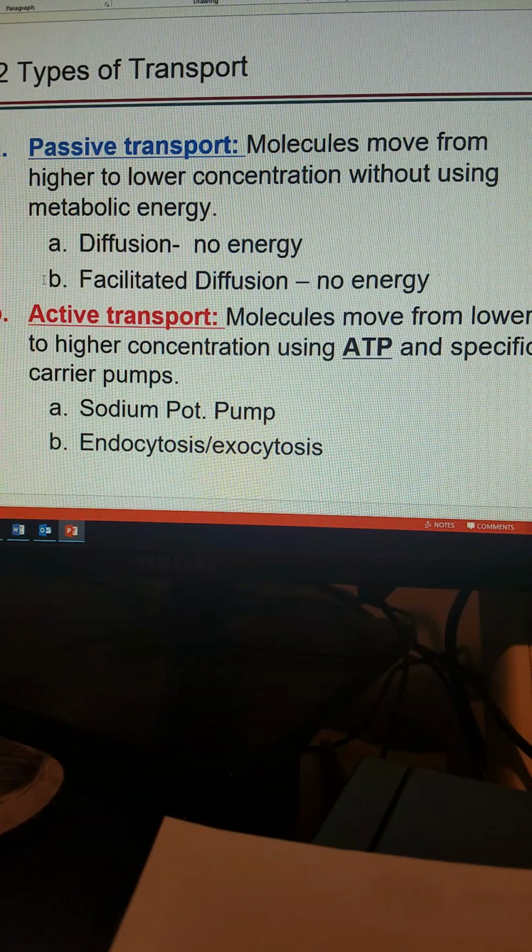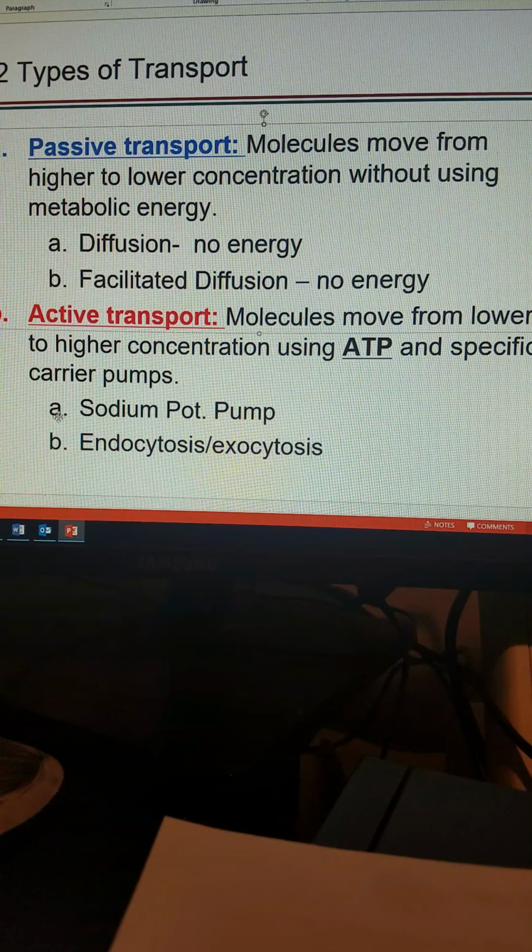We do have facilitated diffusion, which does not contain energy. It just has a protein to help it, but no energy. And our active transport, we need ATP, or we need energy. And so on your test, I may ask you, what's an example of an active transport? And you might put the sodium-potassium pump. So the sodium-potassium pump needs a great deal of energy to work. Also, endocytosis and exocytosis do as well, and we'll talk about each one of these in great detail.